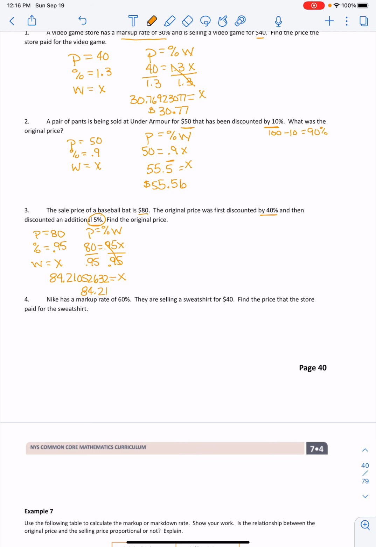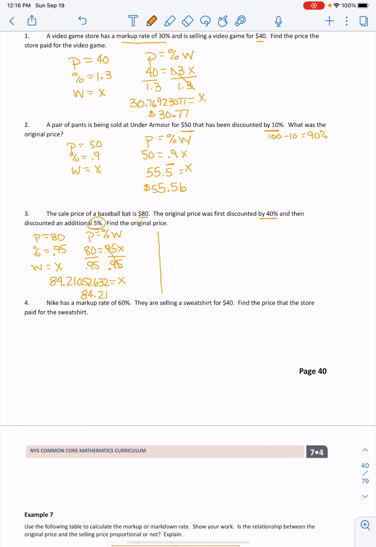So now we're going to have it discounted at 40%. So we have 84.21 as our part. Our percent is 0.6 because of the 40%. And our W is what we're trying to find. So now I have P, percent, and W. And I have 84.21 equals 0.6x.